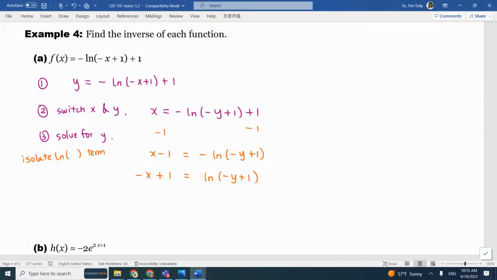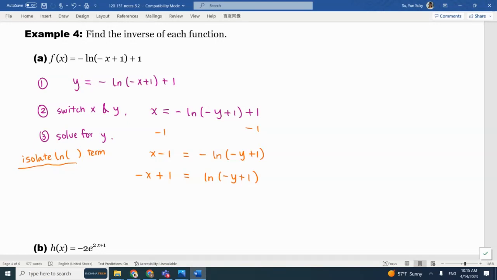So you just multiply the negative sign? Yes, we multiply the minus 1 because we want to isolate the log term. Do you see the log term is here? It's not isolated because we have a minus 1 in front of it. So we want to get rid of that because this is multiplied by minus 1. You either divide both sides by -1 or multiply by -1.